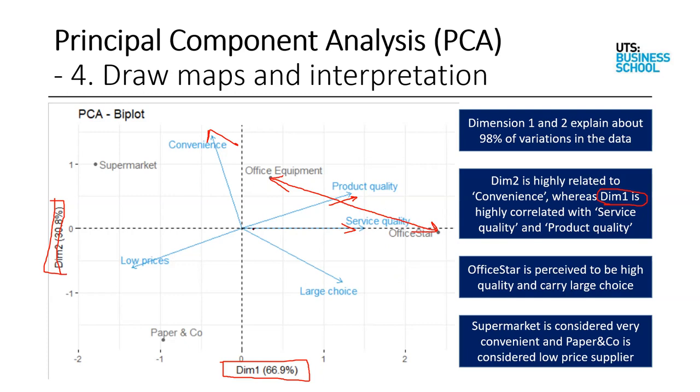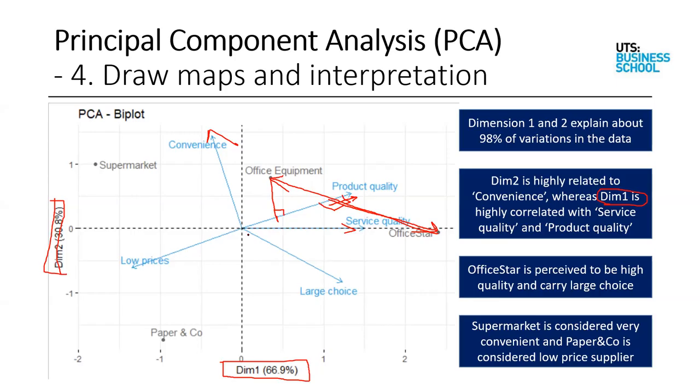The other thing is, if you want to see how each of the brands fares on these individual dimensions, you take a perpendicular distance. So for example, this is where Office Equipment is on product quality. But if you take the perpendicular distance for Office Star, this is where it is on product quality, which indicates that Office Star definitely has higher quality compared to Office Equipment.